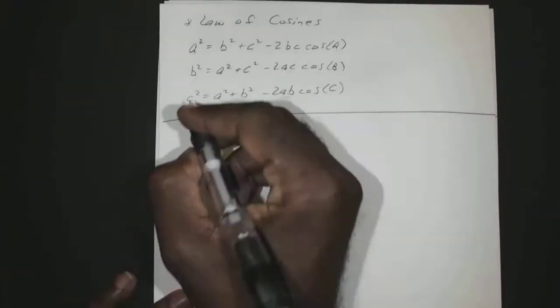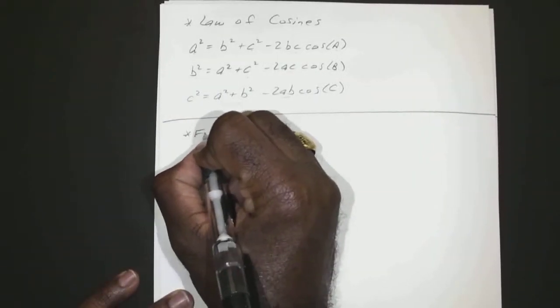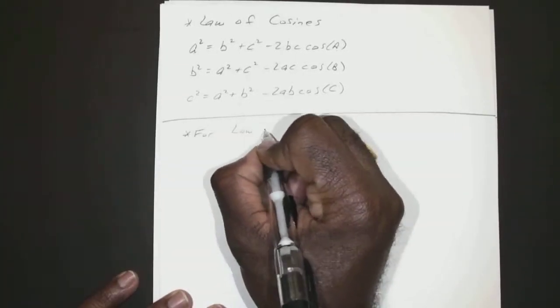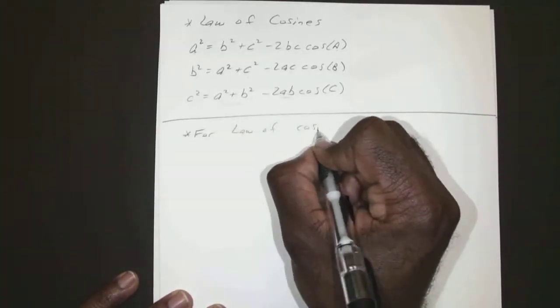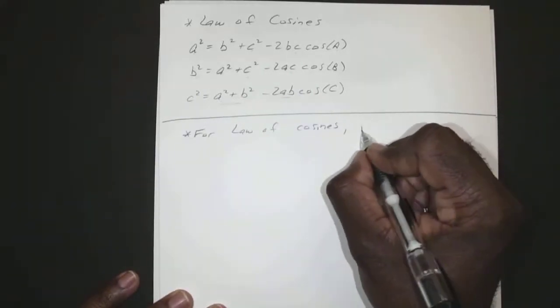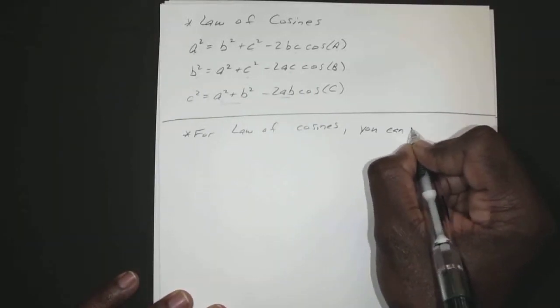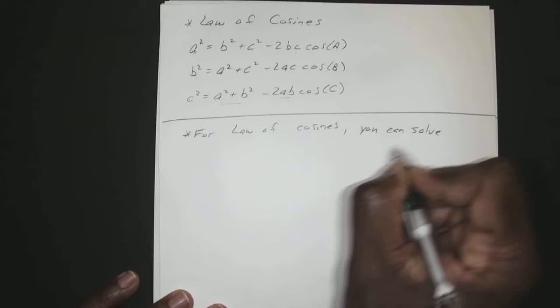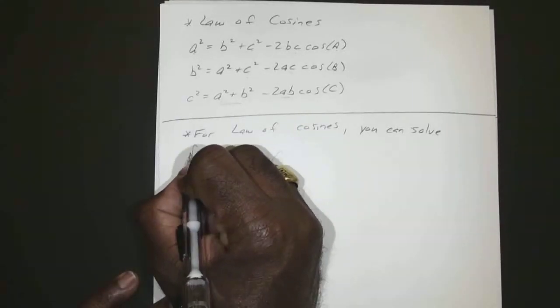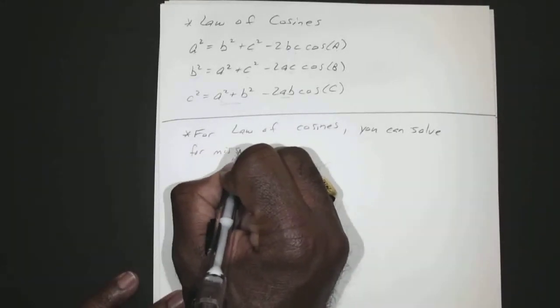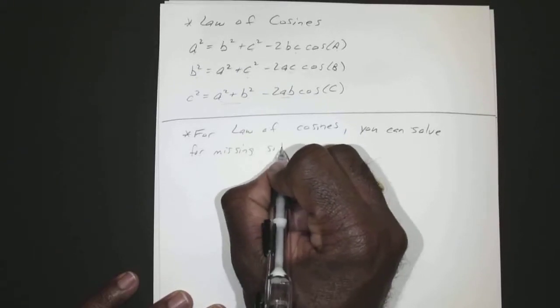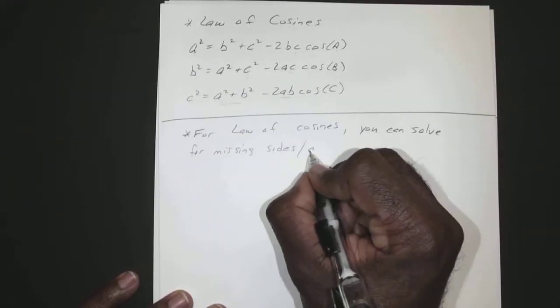All right, so for law of cosines, you can actually solve for a missing side or angles.